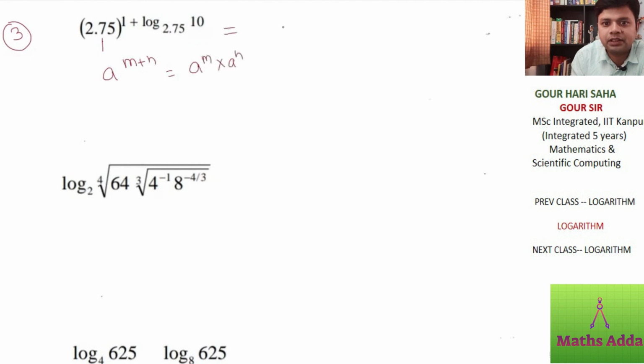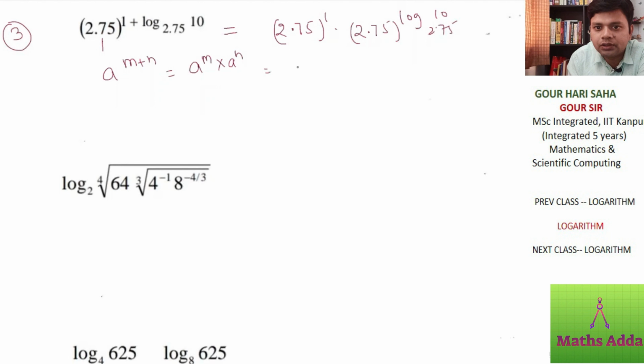If we apply this here, it will become 2.75 to the power 1 into 2.75 to the power log of 10 base 2.75, right? So now this is 2.75. And this is which formula? It is actually of the format a to the power log of x base a.